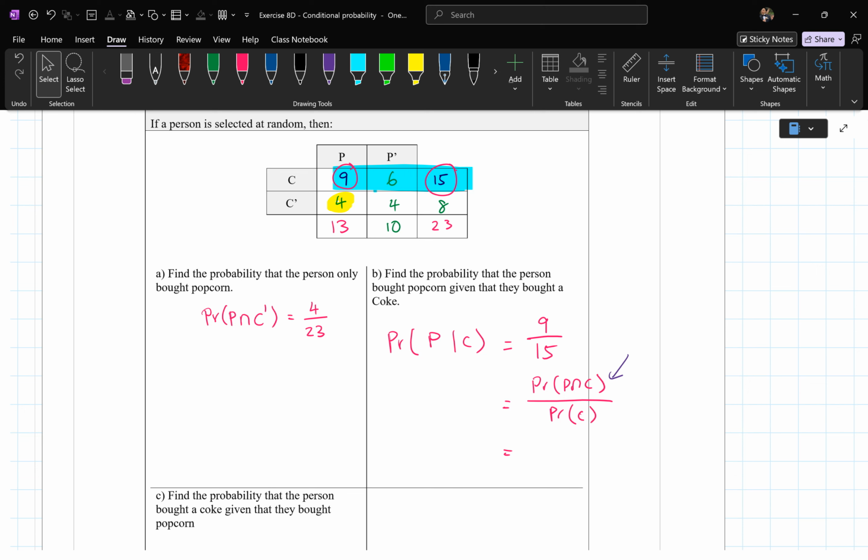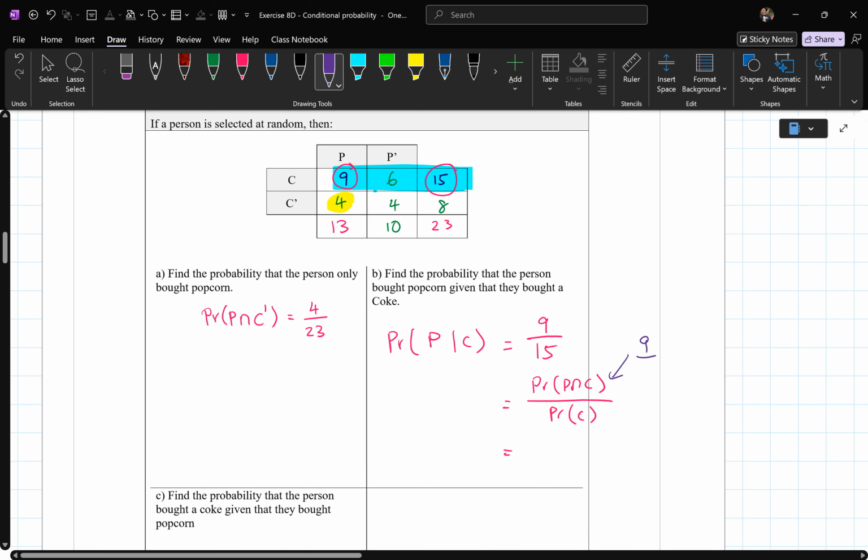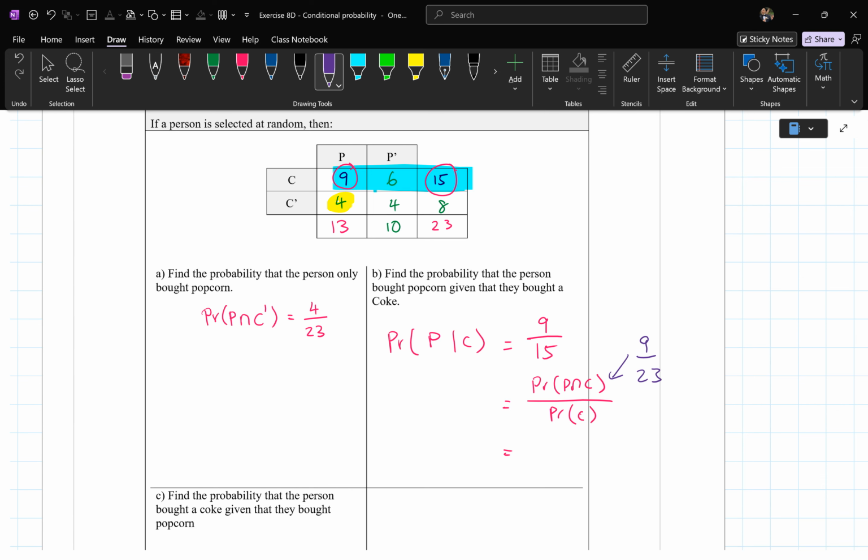Look at the table. 9 out of 23. So of the 23 people, what's the chance of getting someone that bought a popcorn and a Coke? 9 out of 23. But then what's the chance of getting someone that bought a Coke? Out of 23.